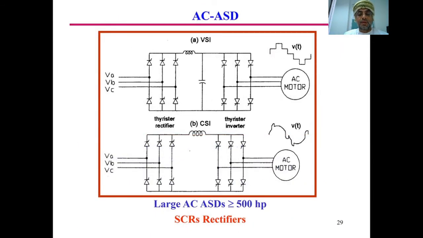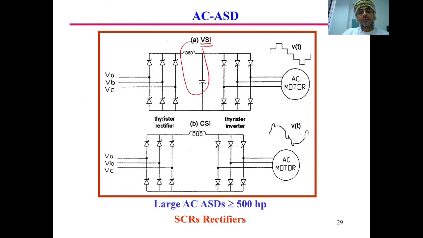For an AC motor, of course, it needs an AC source. Now, if we provide a variable AC source using electronic devices, we can use what we call a voltage source inverter. So we have an AC source which is fixed, then we change it to variable DC by using a rectifier.